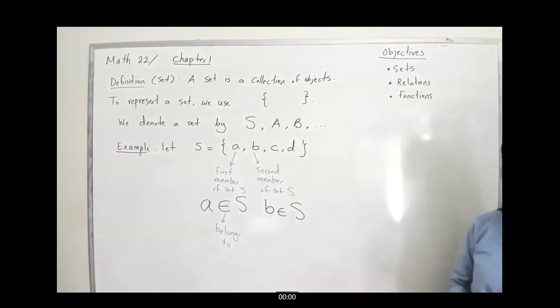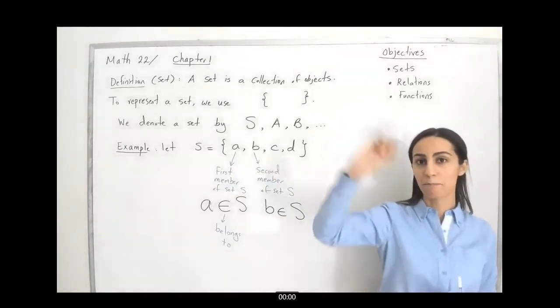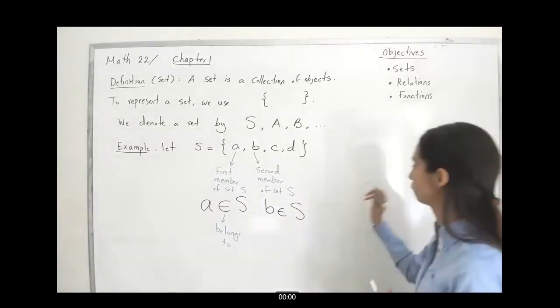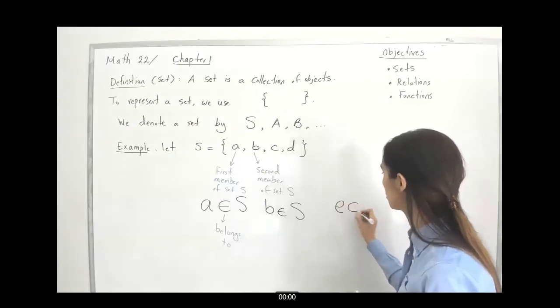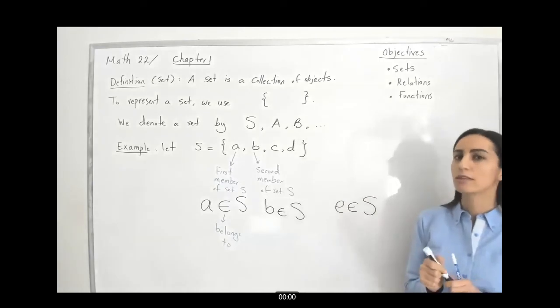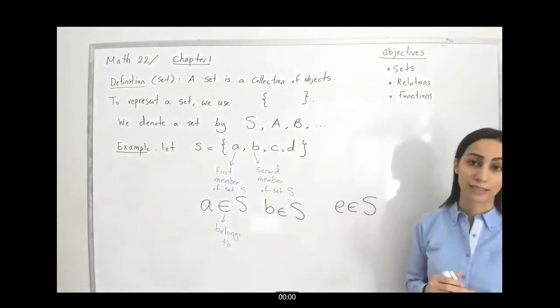Why is that? This set has only 4 members. So if I write E belongs to set S, you quickly stop and say, this is not correct.